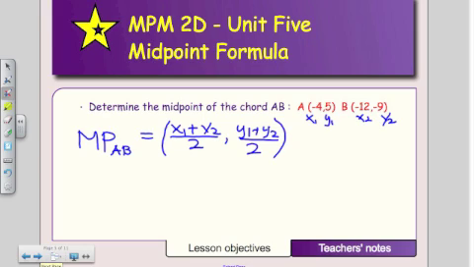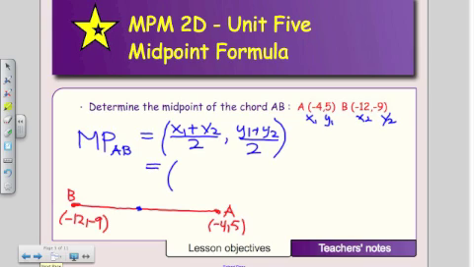So if my A is -4, 5, and B is -12, -9, my midpoint is going to lie in the middle between A and B. There's going to be an equal distance between A and the midpoint, and between B and the midpoint.